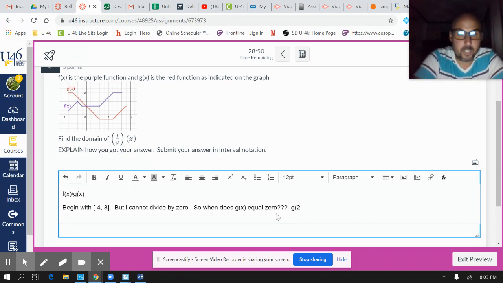G of 2 equals 0 and g of 7 equals 0. According to my map here, when x is 2, g is 0. And when x is 7, g is 0. So that's a big problem. Not only does x have to be between -4 and 8, but x can't be 2 and x can't be 7 because that would make me divide by 0.